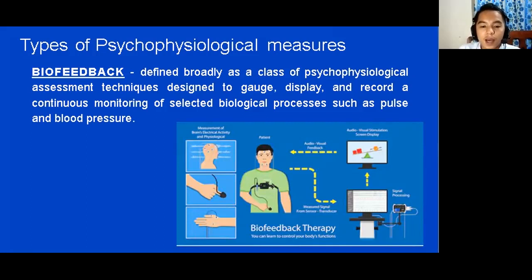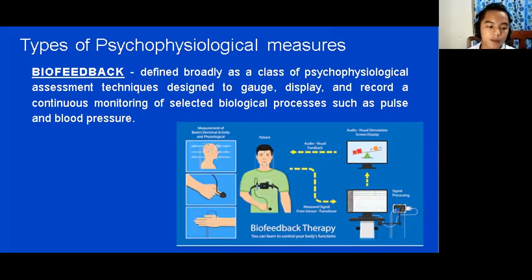So biofeedback is measured during the assessment in order to monitor the blood pressure or the pulse of the client, because the information derived is the basis for how the assessee will believe what the client is saying.